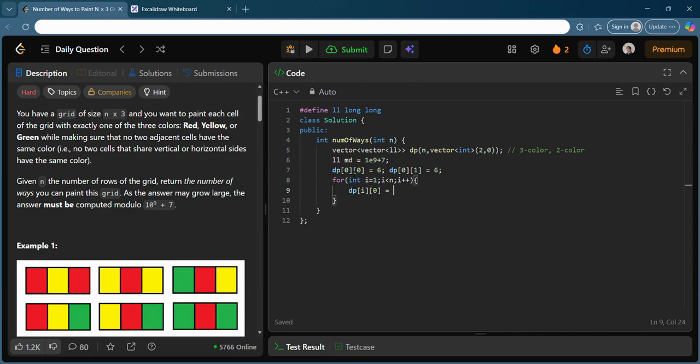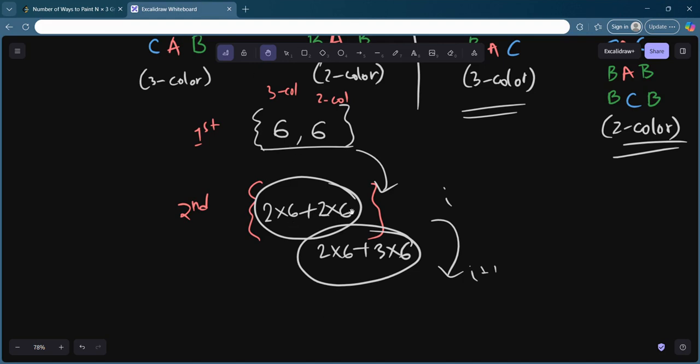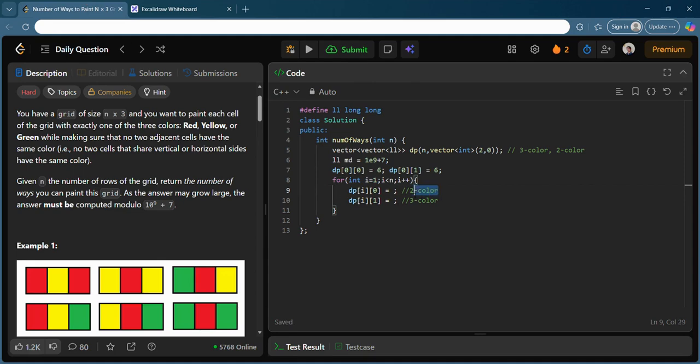So dp of i, this is the 2 color combination, and dp of i at index 0, this is the 3 color combination. From the previous, what did I tell? How many 3 color do you get? 2 into this and 2 into this. The first one is 3, the second one is 2.